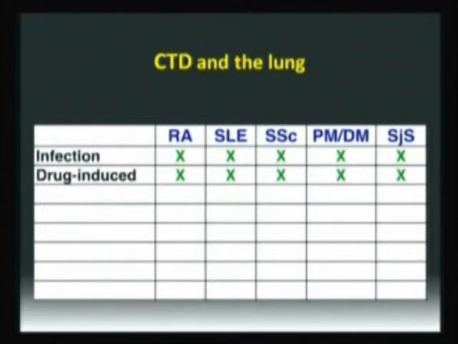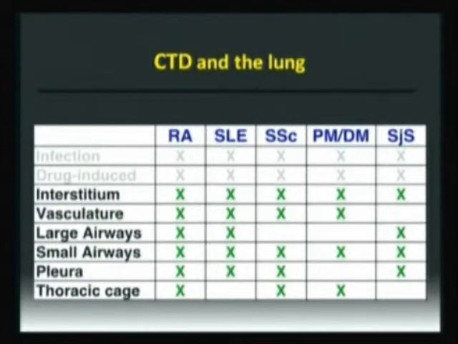If you look at this table, which has been drawn from many publications in the field, on connective tissue disease and the lung, in rheumatoid arthritis, lupus, scleroderma, polymyositis, dermatomyositis, or Sjögren, in all of them, you can have infection being responsible for respiratory symptoms, and the drugs that are used to treat connective tissue disease can all be responsible for lung disorders.